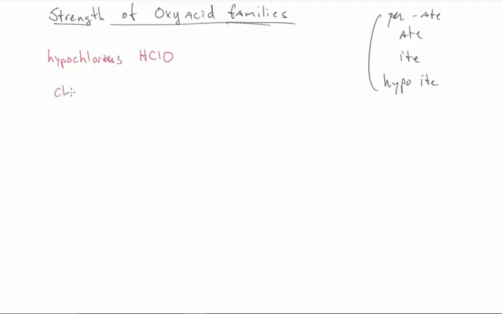Then this would be chlorous acid, which would be HClO2. And then we've got chloric acid, which would be our ate polyatomic, chlorate, right? And then we've got perchloric acid, which is HClO4, all right?